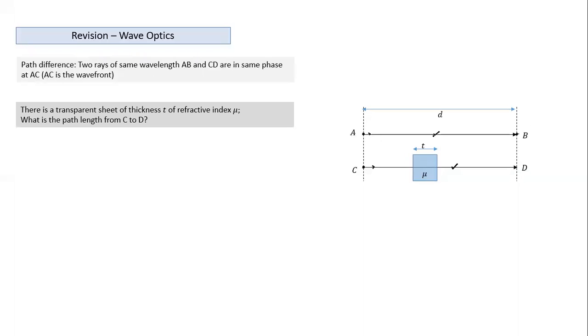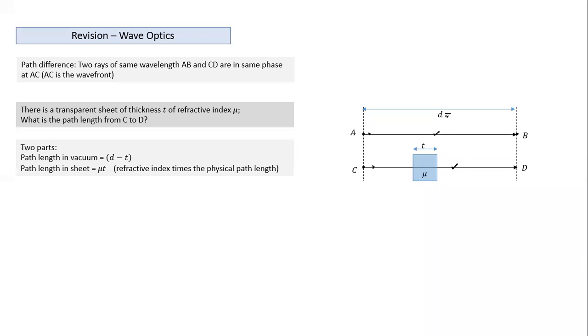So if the transparent sheet is kept here, what is the path length from C to D? For A to B, no issue: d itself is the path length, the equivalent path length in vacuum. Whereas in the case of C to D, there are two parts. It travels some distance in air or vacuum, and some distance in a medium of refractive index mu.